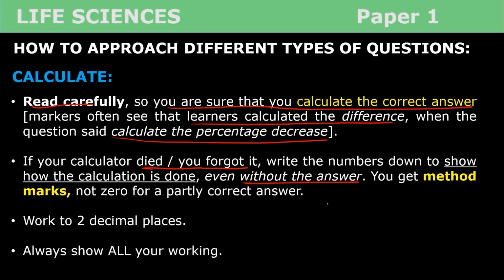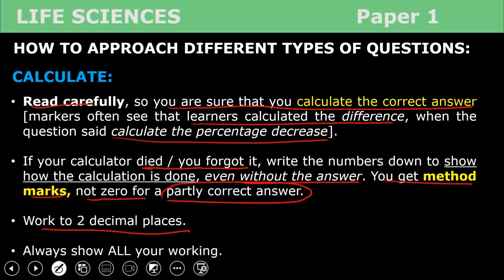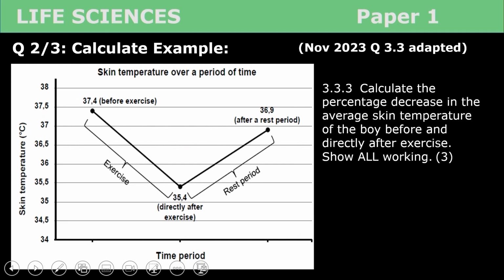Even without the final answer, you get the marks for the methodology, not 0 for partly correct answers. So the steps here, they will get you some marks. Work to 2 decimal places. Do not round off to the whole number. And always make sure you show your calculations or your working out.